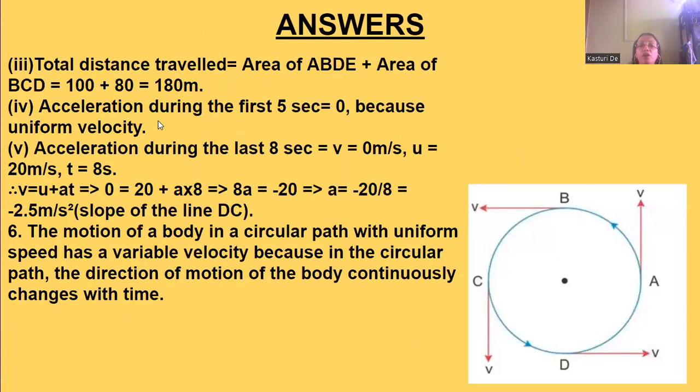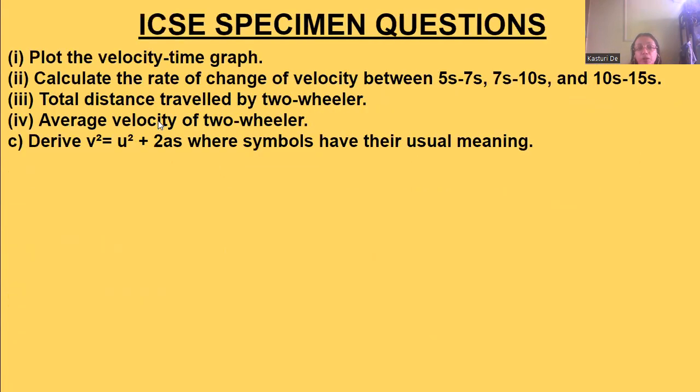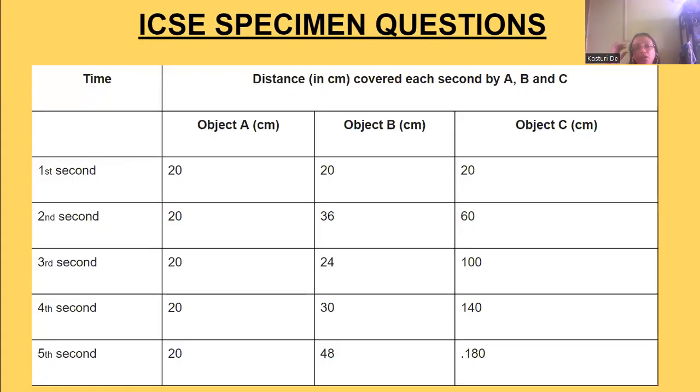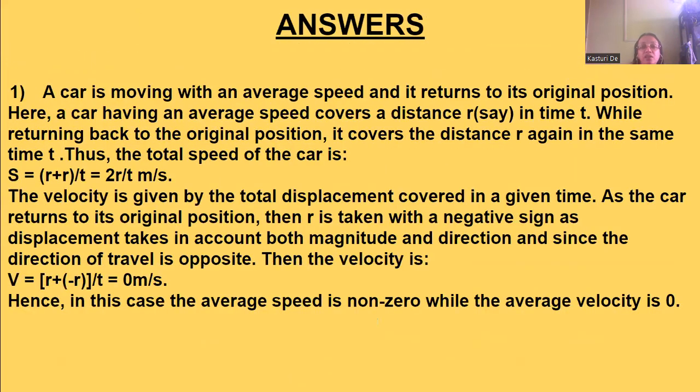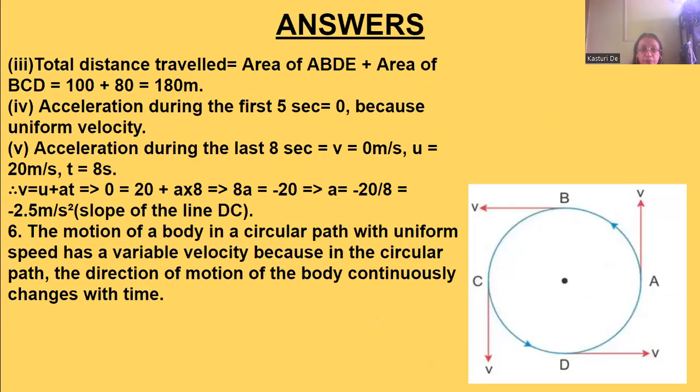From the chart we can see object A maintaining its speed, 20 centimeters every second. So this is constant speed. B is variable because sometimes it's increasing, sometimes it's decreasing, and C is constantly increasing. So object A is the answer for the first one.